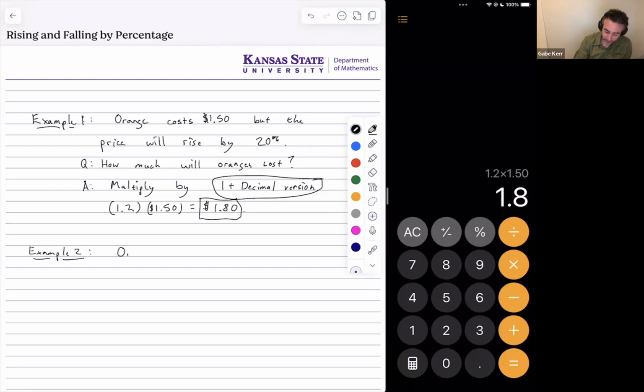So oranges still cost $1.50, but oranges are 37% off. I don't know why today. How much is an orange?